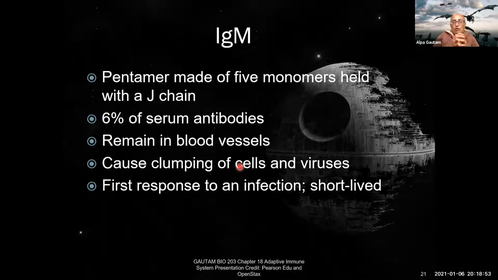If the bacteria or the virus has this specific epitope sticking out that the IgM binds to, it will sequester these things and cause clumping of them and precipitation of that. Usually it's a first response to an infection, and IgMs are very short-lived.